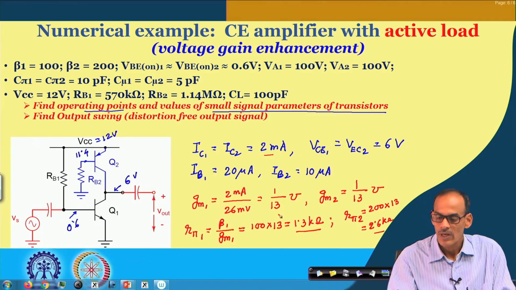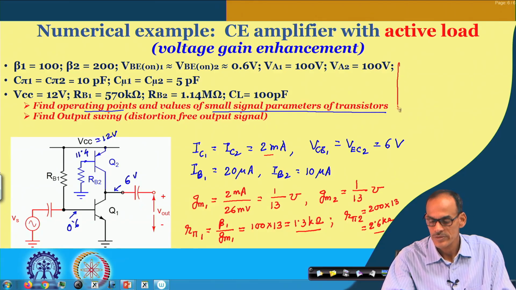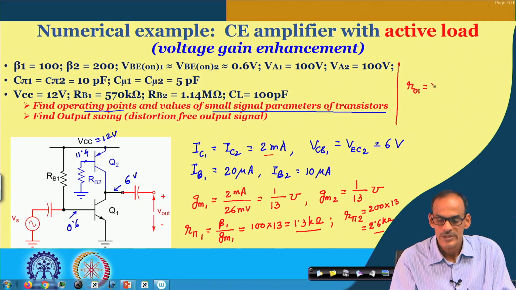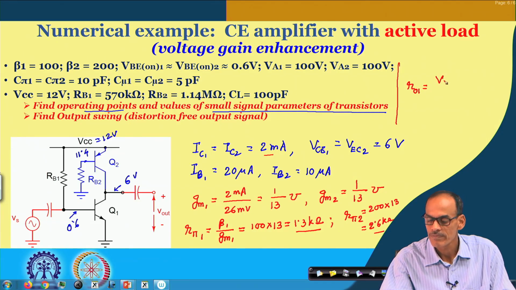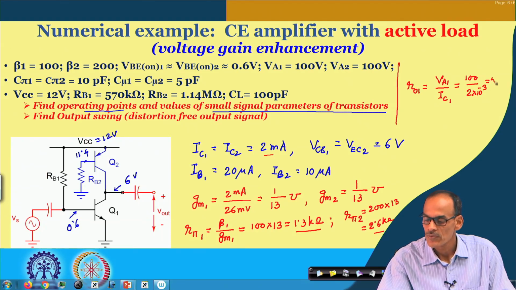Then r naught, we do have some space here, so let me utilize this one. r naught of transistor 1 is early voltage of transistor 1 divided by IC. So this is 100 divided by 2 times 10 power minus 3, that is equal to 50 kilo ohm.